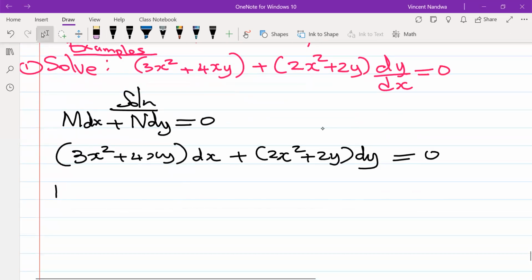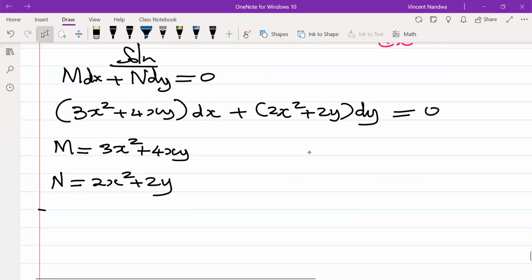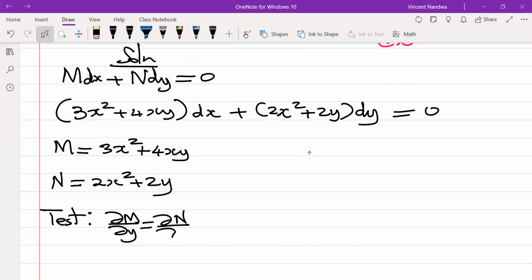So M will be 3x² + 4xy. N will be 2x² + 2y. So we test whether partial M partial y is partial N partial x.